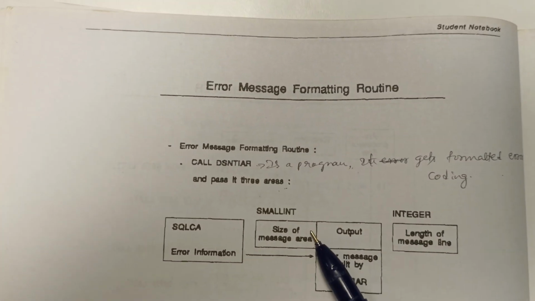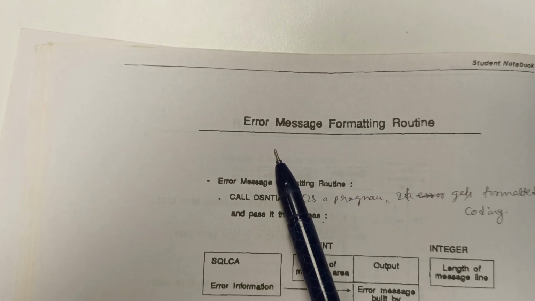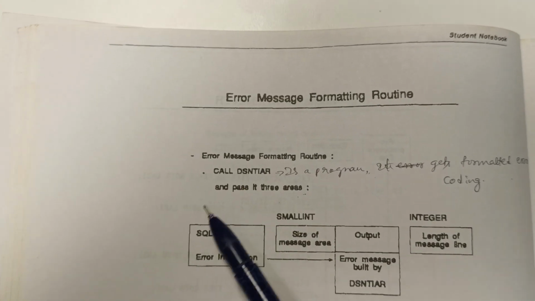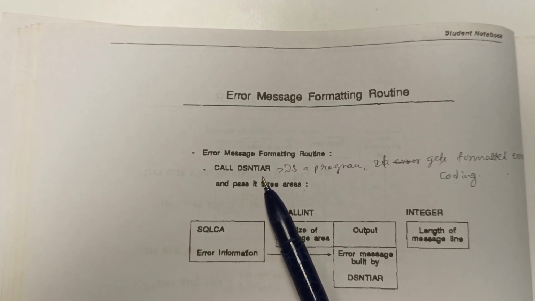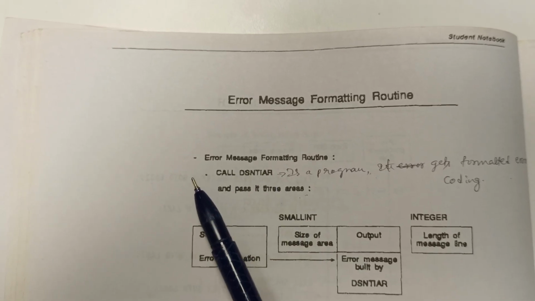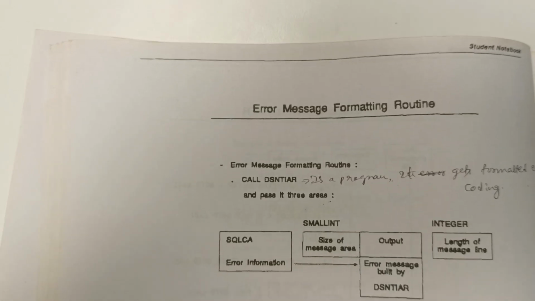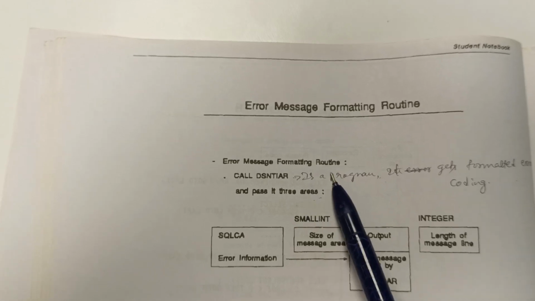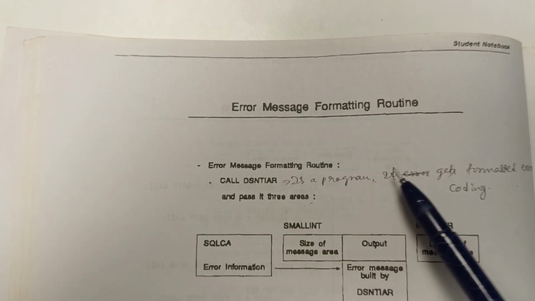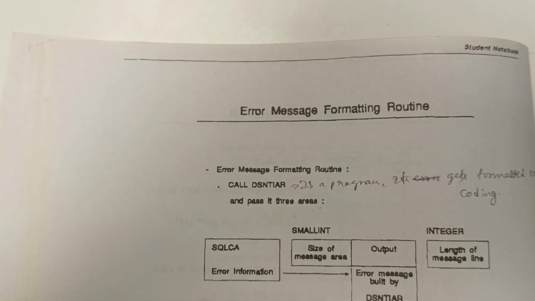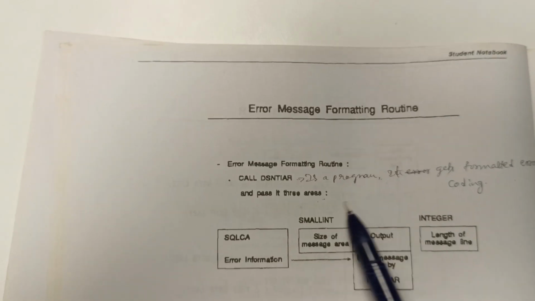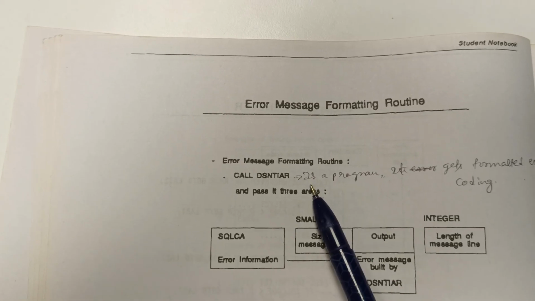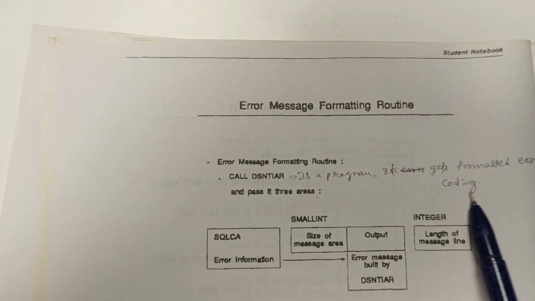This is another syntax, the error message formatting routine, a call to DSNTIAR. After checking the error condition, you call DSNTIAR, which is an error message formatting routine. After getting the error message, you need to format it into readable format. This is the standard system defined program name used to get the formatted error conditions.